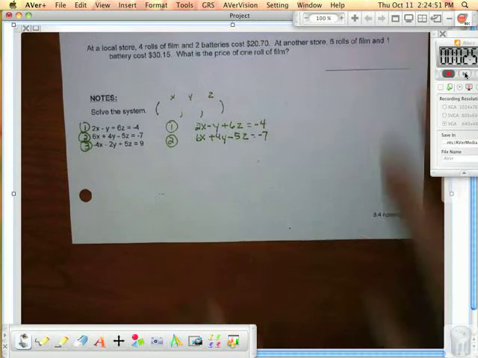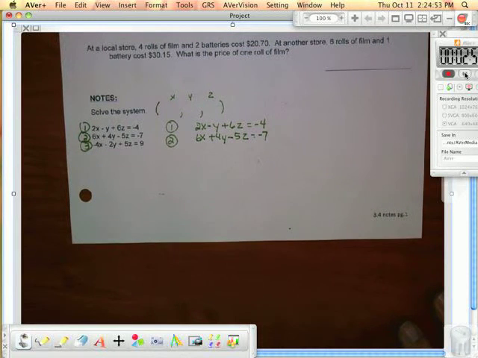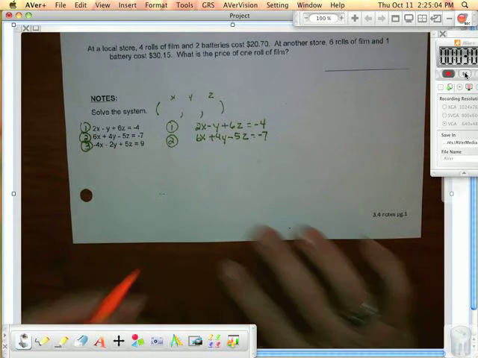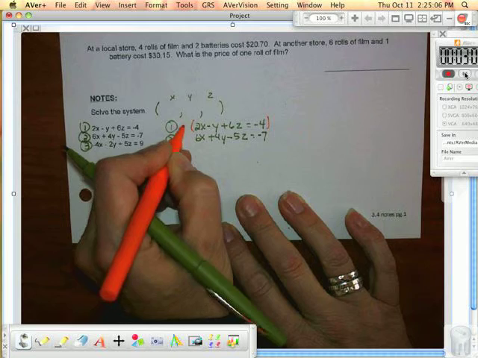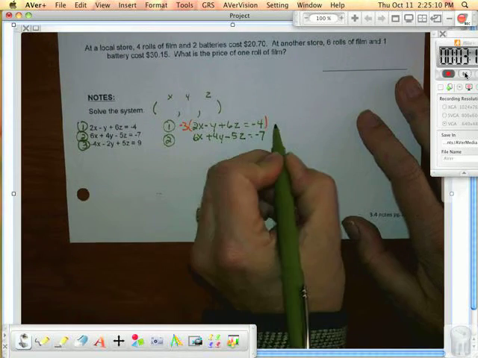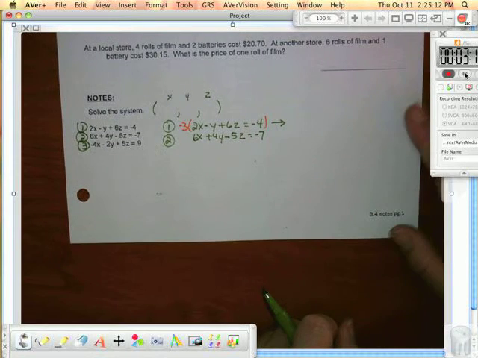Okay, I wrote down 1 and 2. Now I'm going to look at 1 and 2 and say, what can I multiply something by to get rid of the x? Let's get rid of the x. Multiply the top by -3. And then I'm going to get rid of x. Doesn't matter, you can get rid of x.